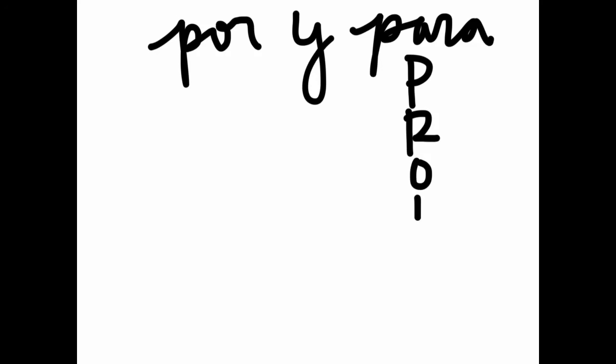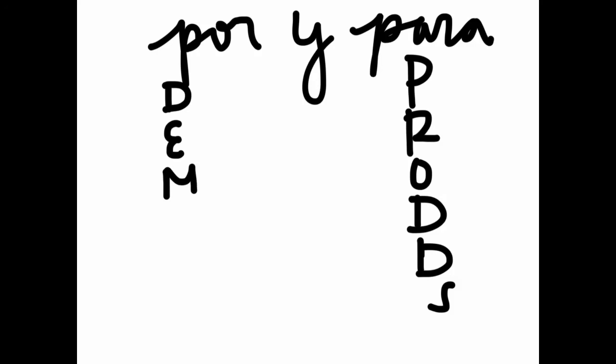So today we talked about the differences between the words por y para, both meaning for. Well, and we learned a lot of other things. But the two acronyms that we looked at were, for para, PRODS, and for por, DIMS.